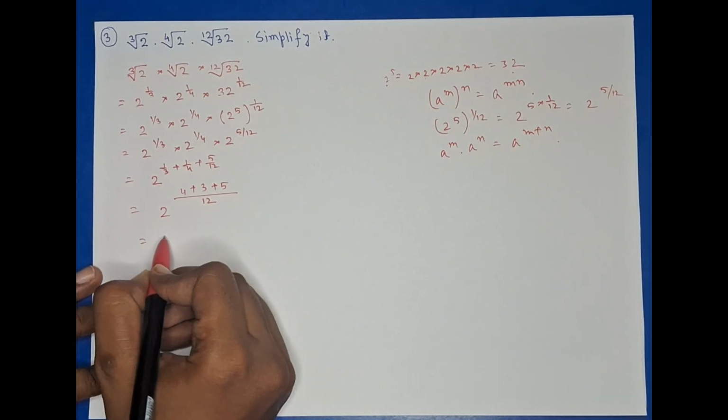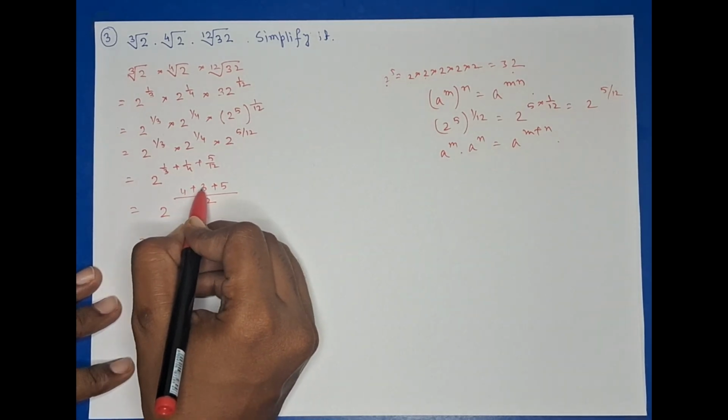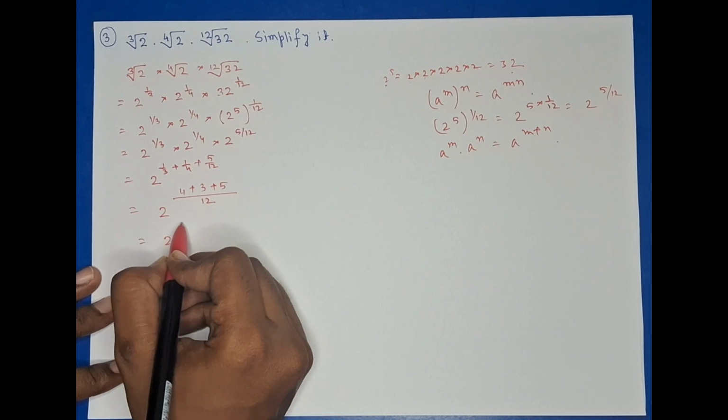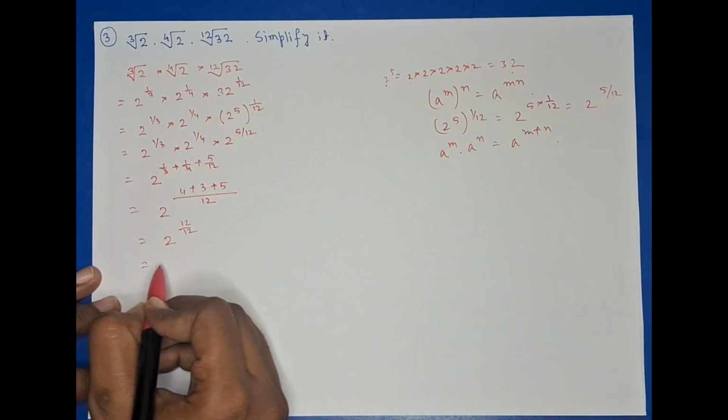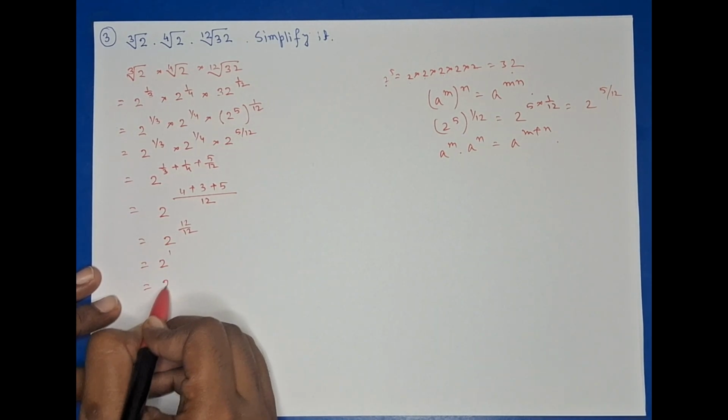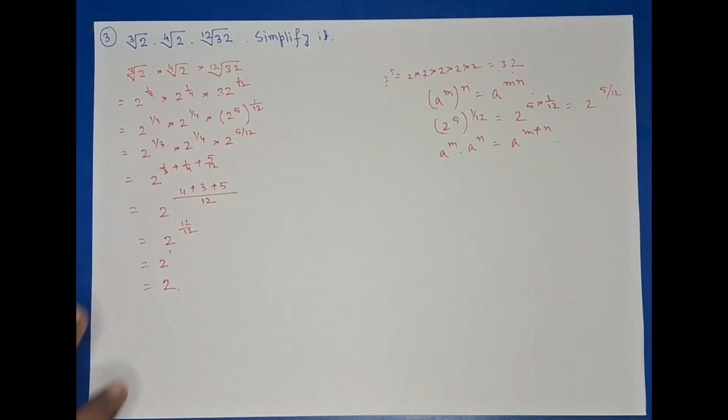So this is equal to 2 to the power 4 plus 3 plus 5, that is 12 by 12, which is equal to 2 to the power 1, which is 2. So the answer is 2.